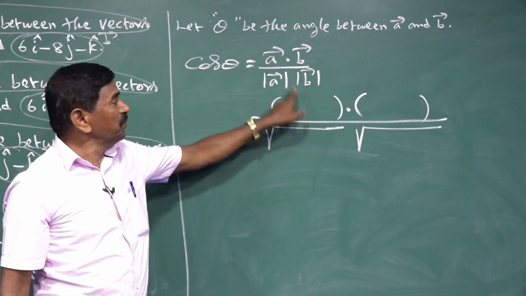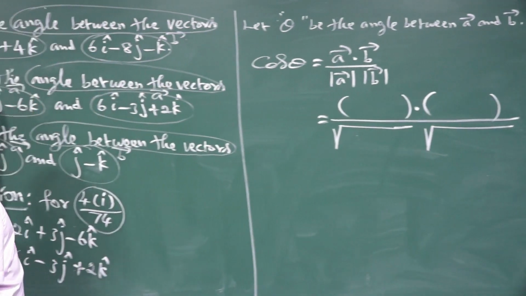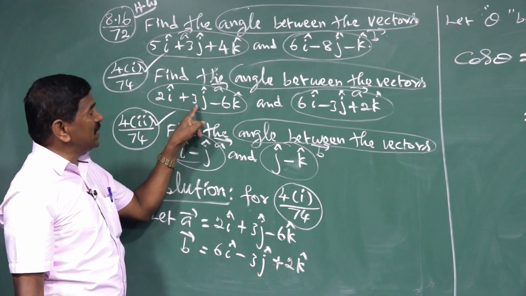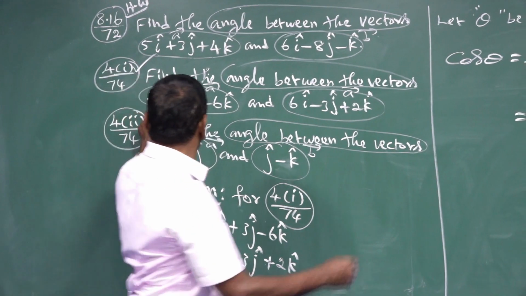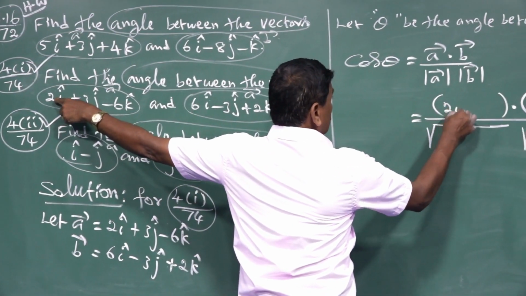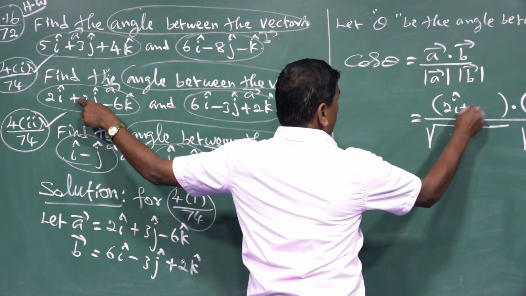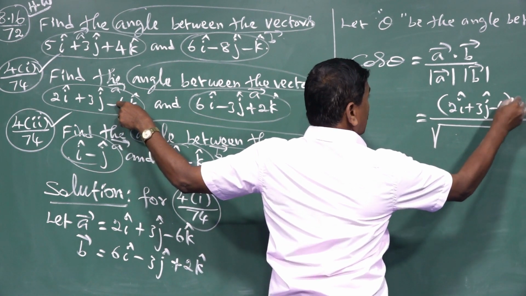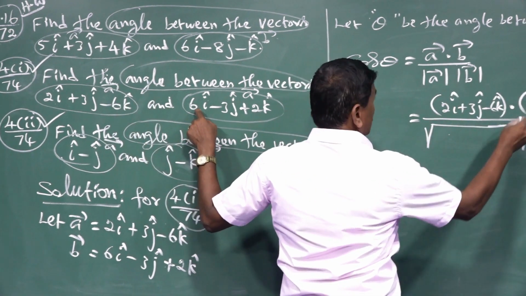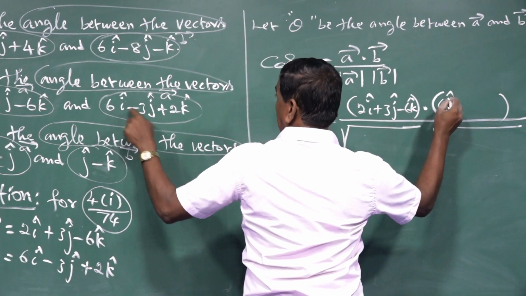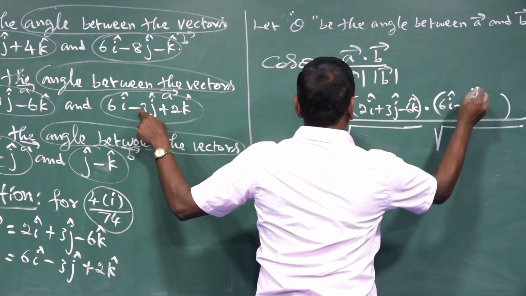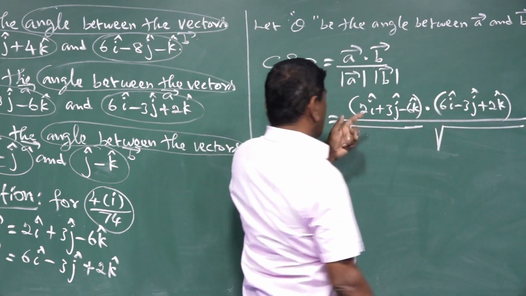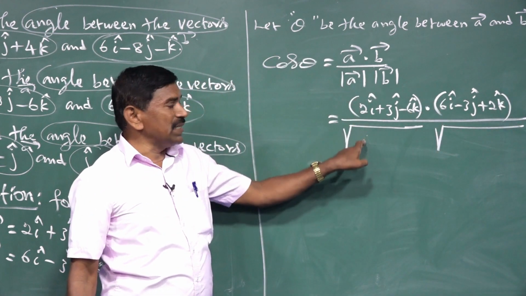What is A vector? A vector equals 2i cap plus 3j cap minus 6k cap. B vector is equal to 6i cap minus 3j cap plus 2k cap. Divided by modulus A vector.